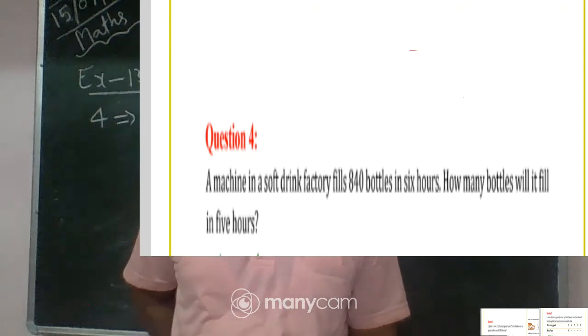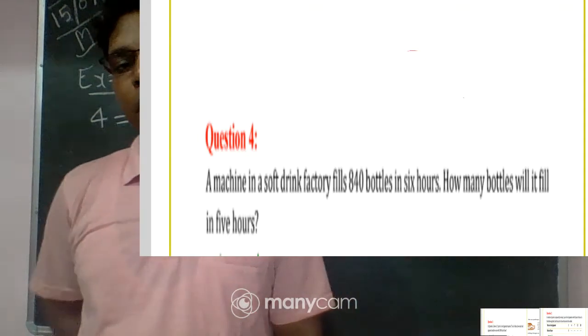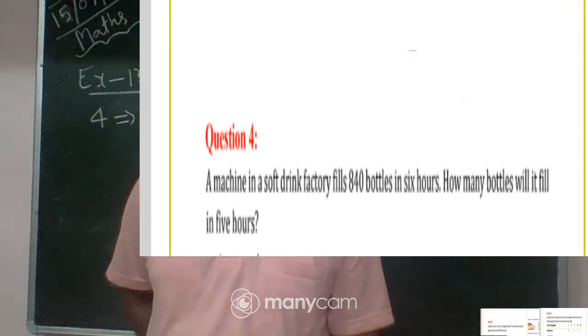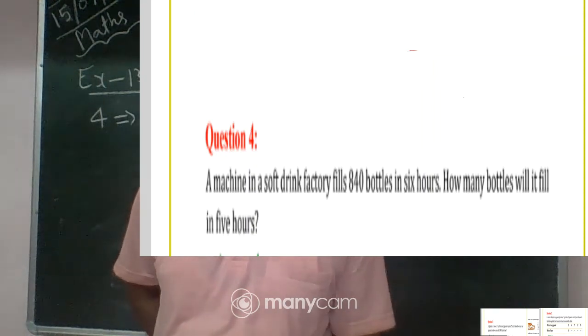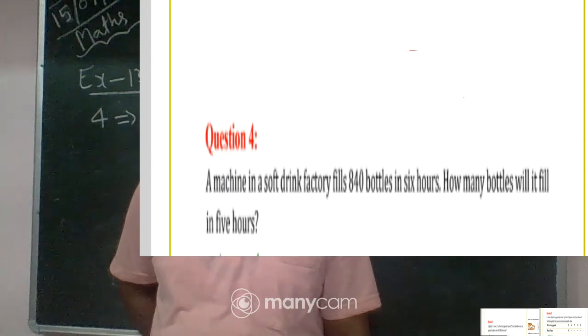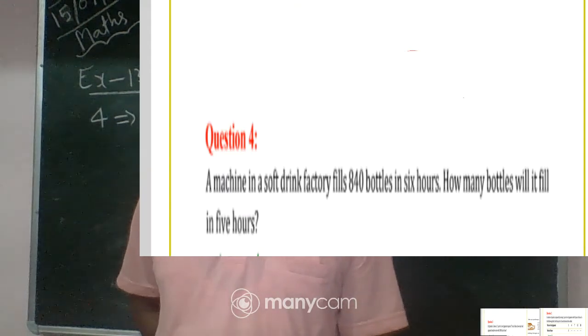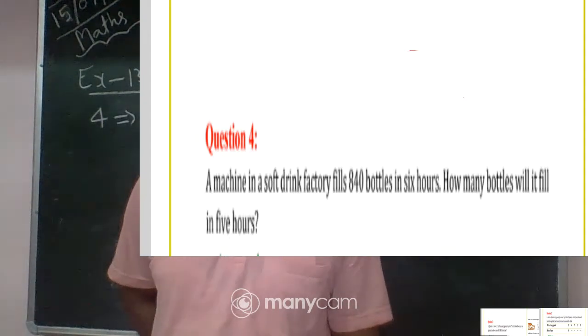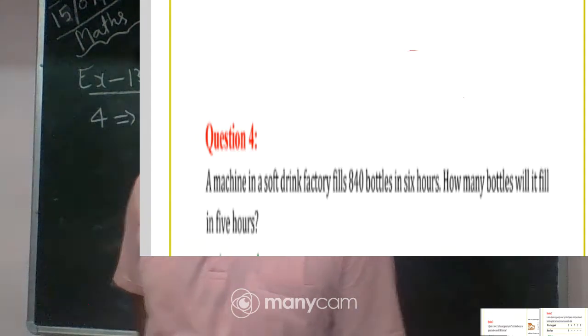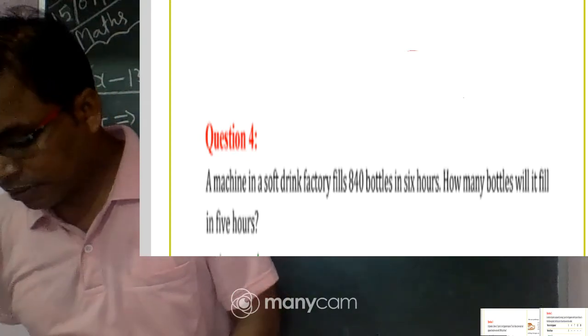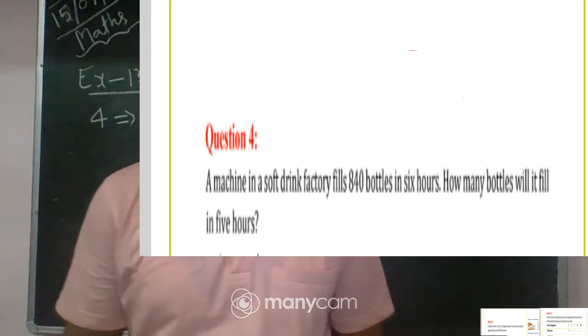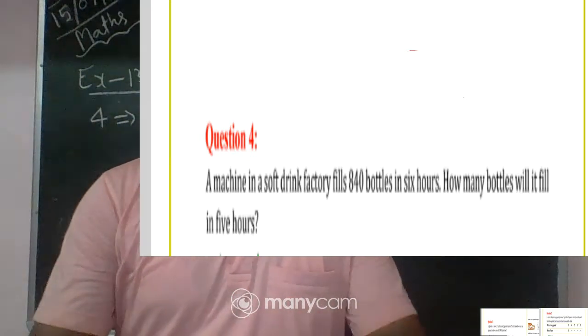It means this is a case of direct proportion, because if one quantity decreases, the other quantity also decreases. If one quantity increases, the other quantity also increases. For this we make a table of hours and bottles. So let's see how to solve this question.